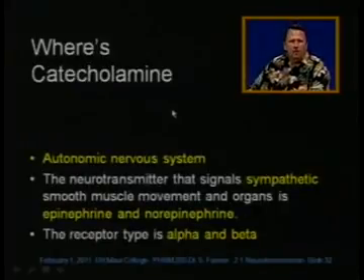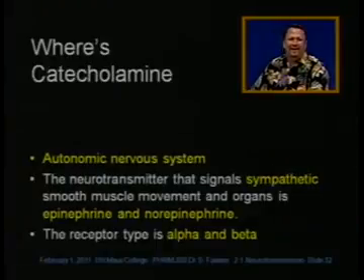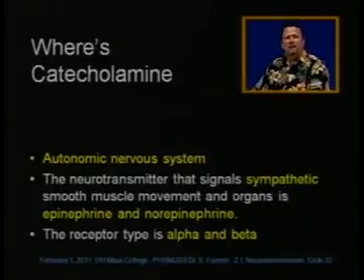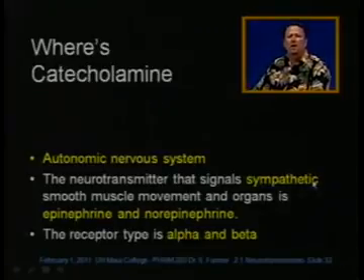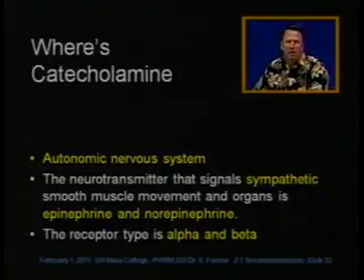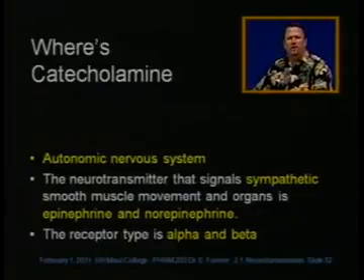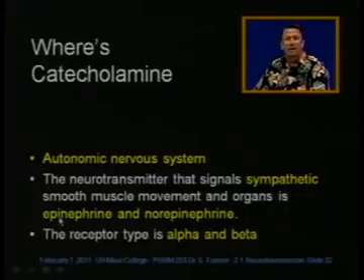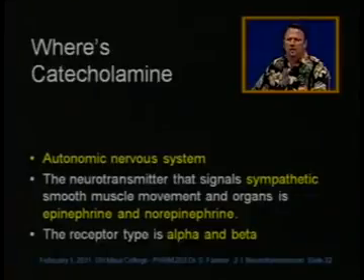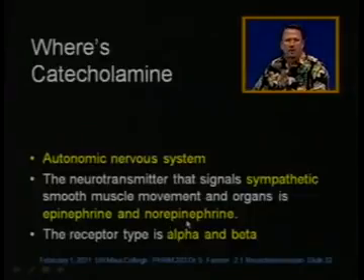So where are the catecholamines? Well, we're going to use them again in the autonomic nervous system, and we'll talk about the autonomic nervous system next time. But the other half of the autonomic nervous system is the sympathetic nervous system, and the sympathetic nervous system uses catecholamines to do things like speed heart rate up and open lung airways, and we'll talk about that next time. The main neurotransmitters that we'll talk about in autonomic pharmacology are epinephrine, which is the same thing as adrenaline, and norepinephrine, something I call noradrenaline.